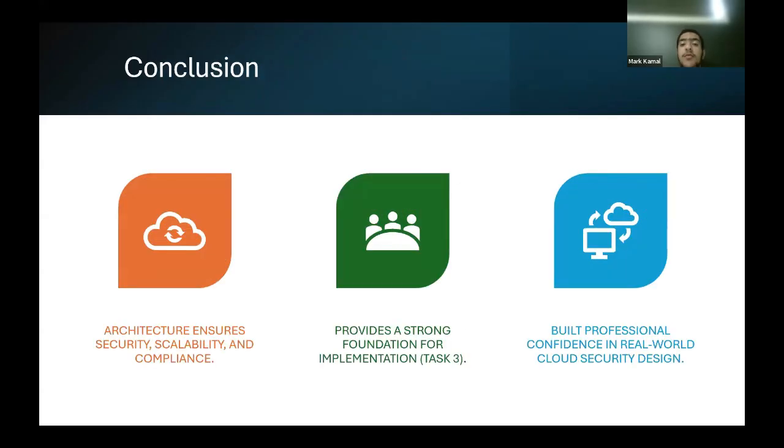In conclusion, this project has given me a deep understanding of how to design and present secure cloud architectures for financial organizations. It bridged the gap between theory and real-world implementation and gave me the confidence to design compliant, scalable, and resilient solutions using AWS. Thank you for listening.